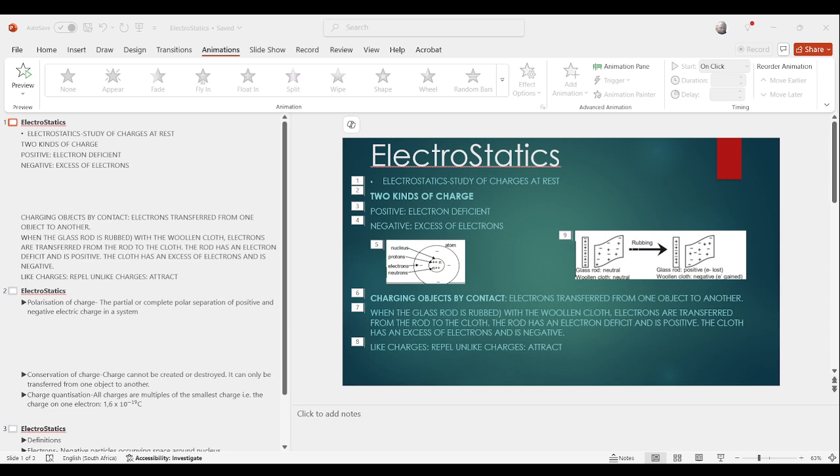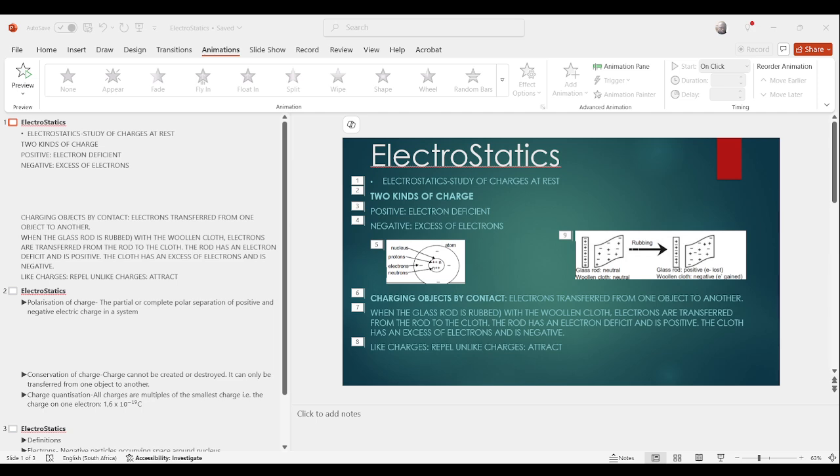But protons are positive charges and electrons are negative charges. So like I said before, electrons are the ones that move in the system. Negative charges are the ones that move, as you can see on the screen.